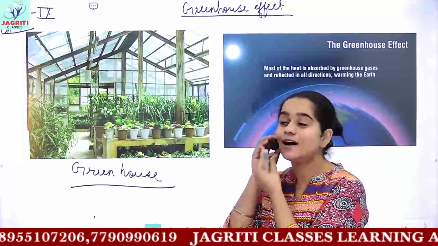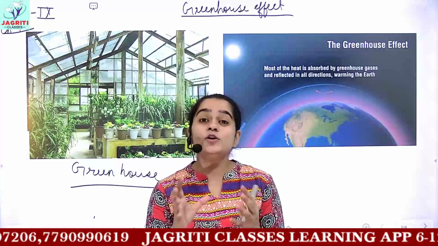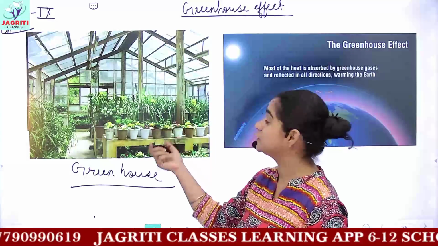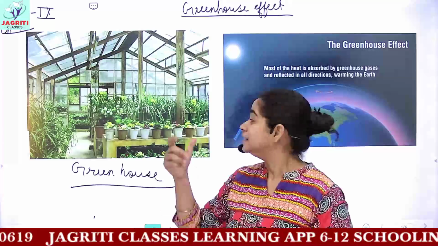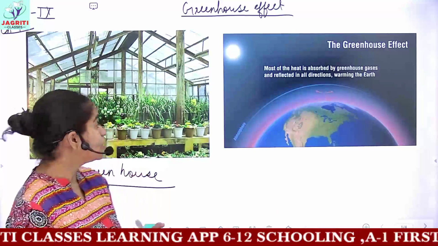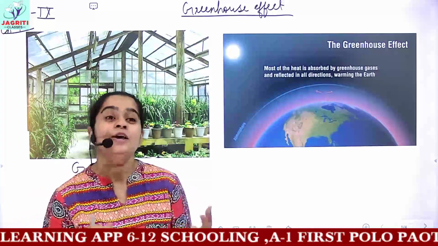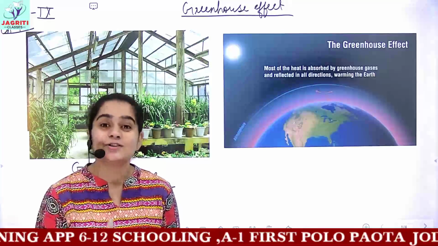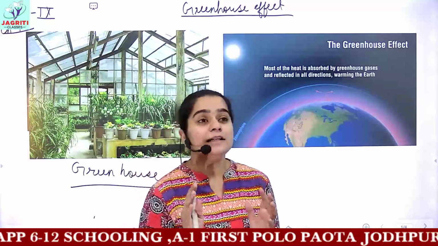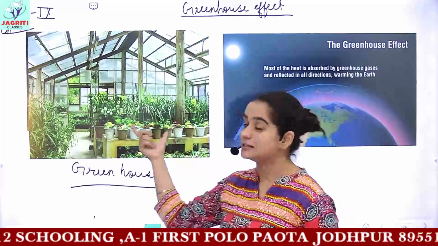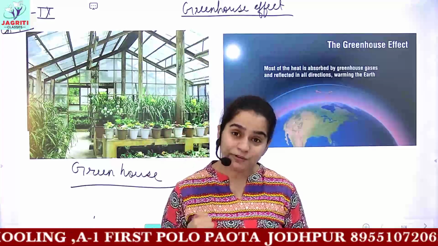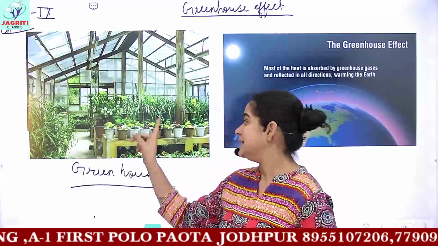So these greenhouses, they were constructed in order to provide the tropical plants with the heat they require during winters. Because during winters, if we are talking about the polar regions where there is ice cold winters or the snowfall occurs, then during that time the tropical plants which require certain amount of heat for their growth and development, they cannot grow.